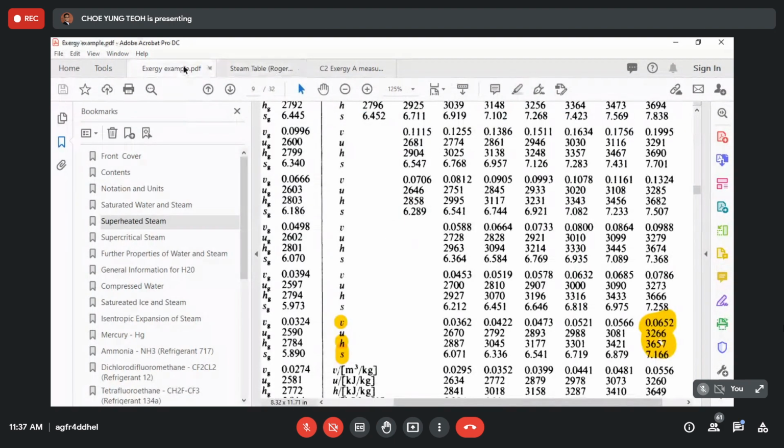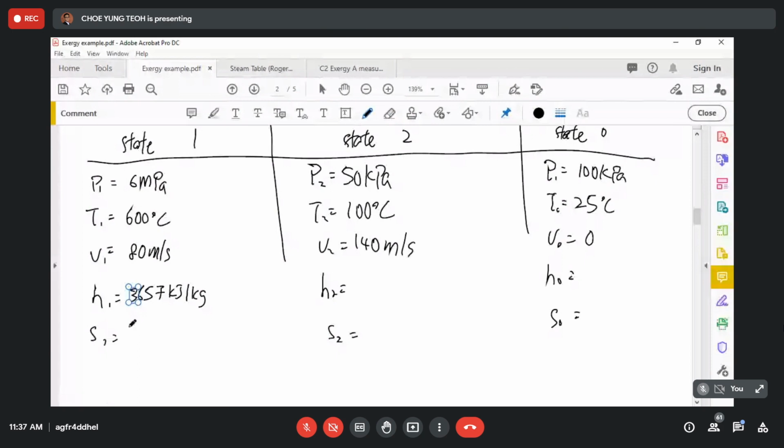Okay, the units are different. For enthalpy it is kilojoule per kg, and for entropy it is kilojoule per kg Kelvin.